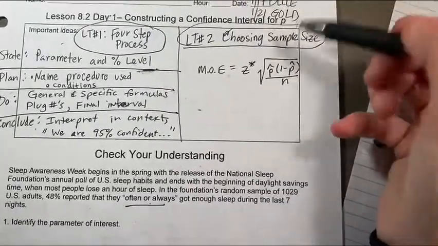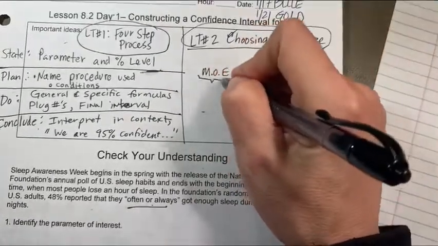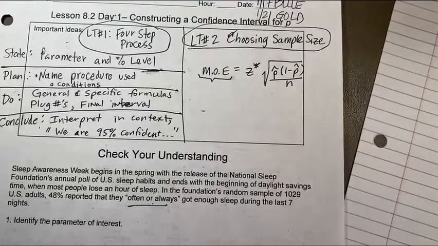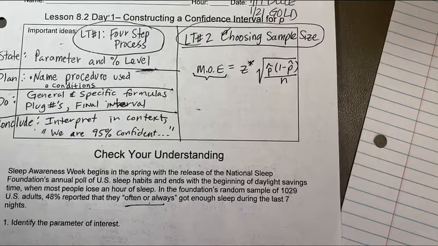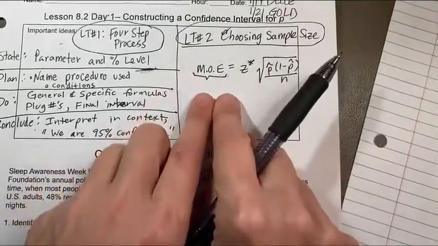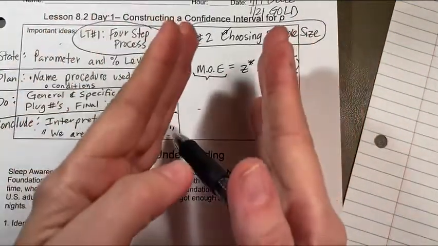But let's say I had a specific margin of error I was shooting for. So again, imagine your boss says, okay, I like what you came up with here. You've told me some good information, but I was hoping that your margin of error, your plus or minus, was a lot narrower.